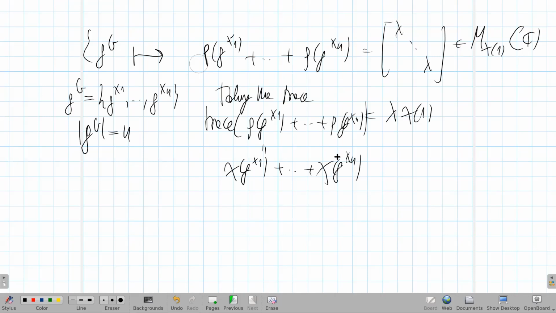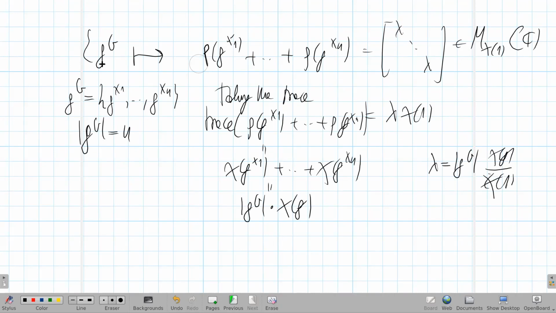And the character is a class function, so all these elements are equal. So what we get, n is the order of the class, we get order of the class times chi of g. Okay? So we find that this lambda on the diagonal, this is the argument we have probably already seen, is exactly this, because we have divided by chi of 1.